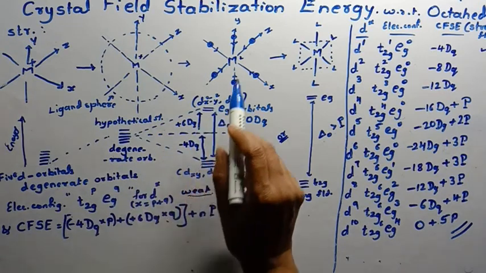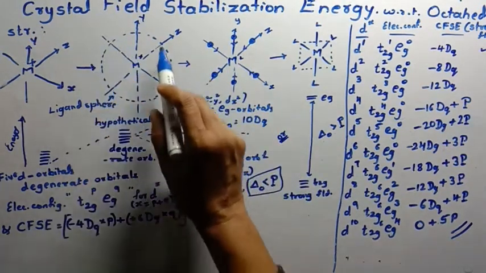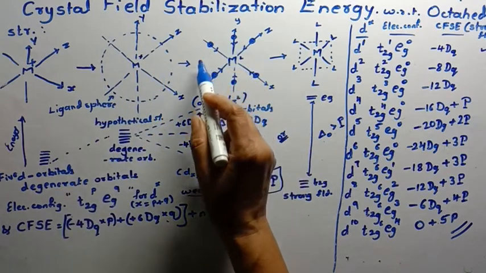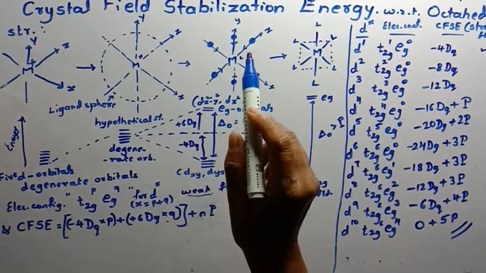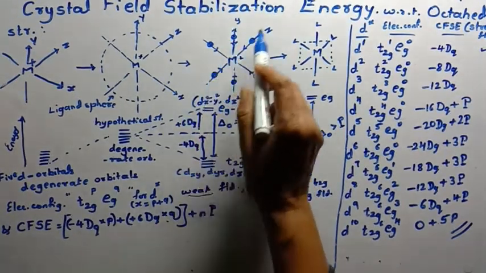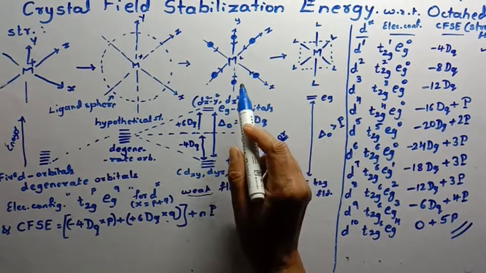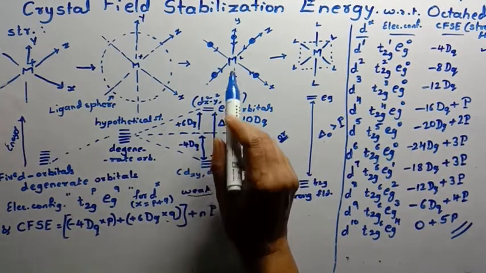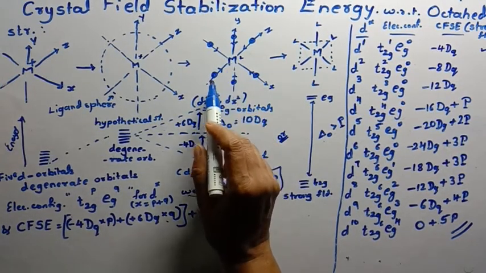Further, when the ligands are no longer spherically surrounding and are concentrating at particular positions around the metal ion, 2 on the x-axis, 2 on the y-axis, and 2 on the z-axis, there is a head-on interaction between the orbitals of the metal ion and the ligands.